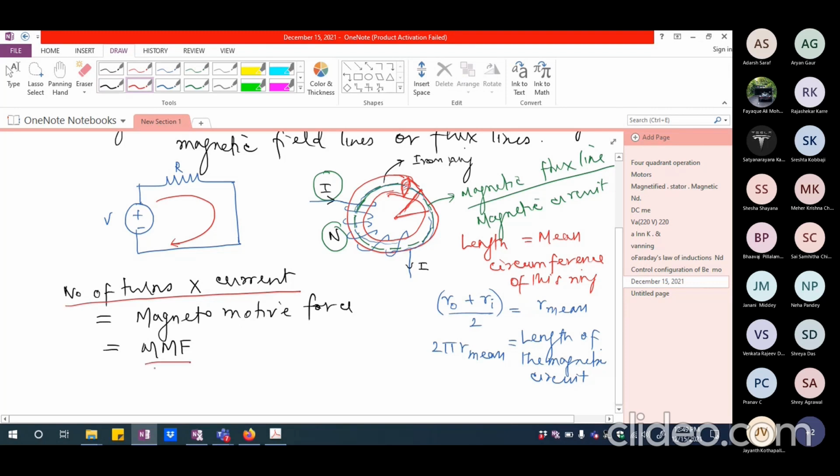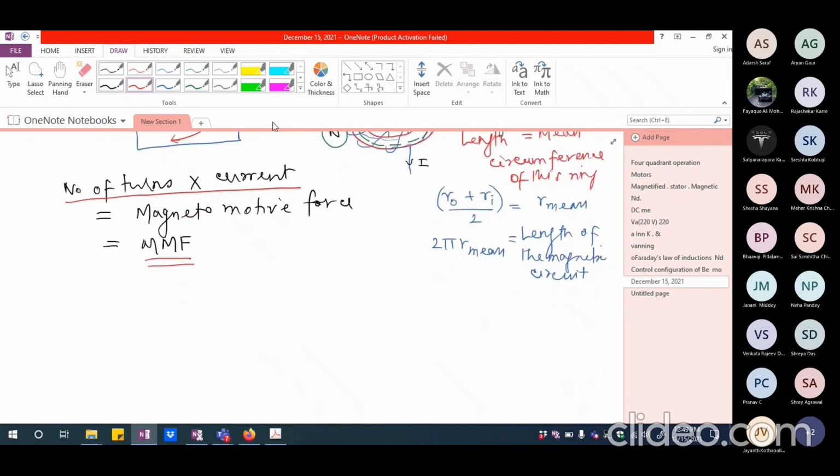So magnetomotive force is the root cause for all the magnetic circuit manifestation in this system.